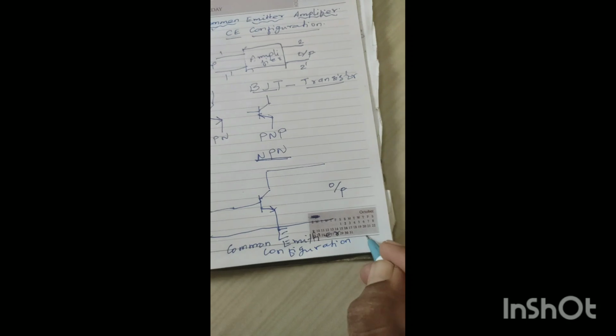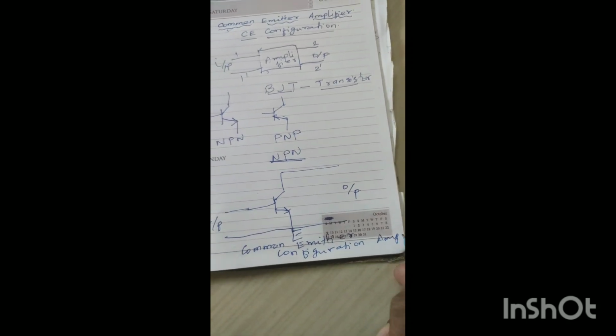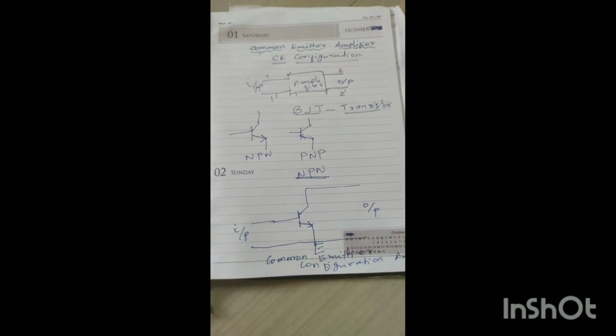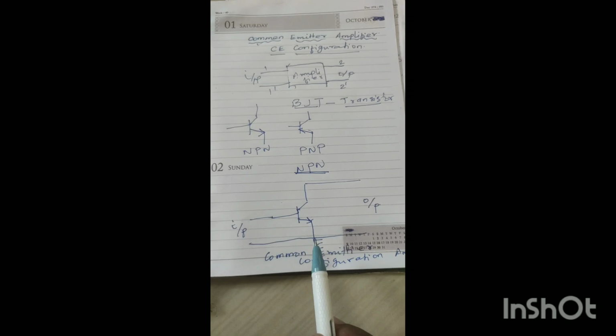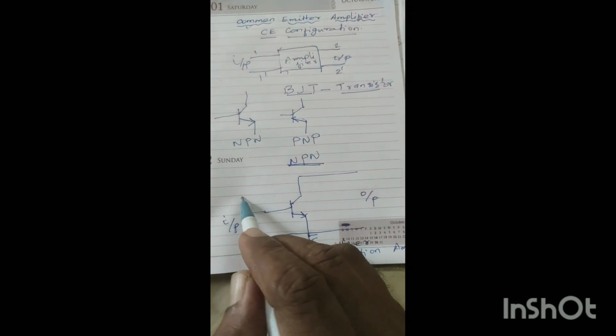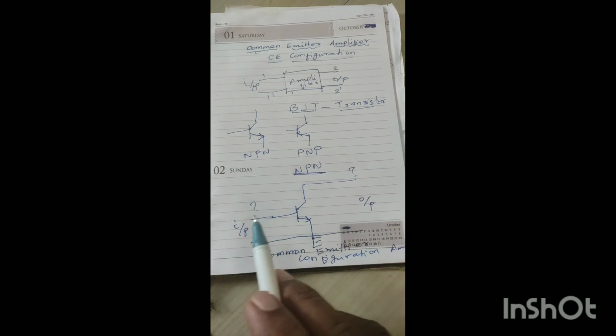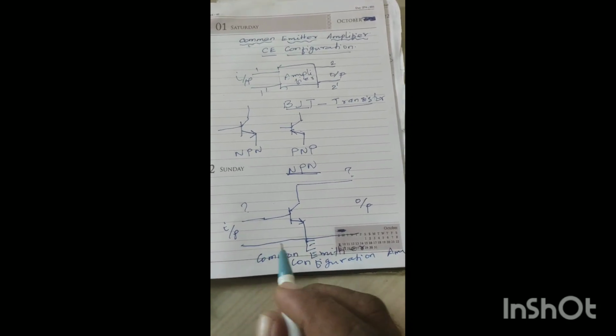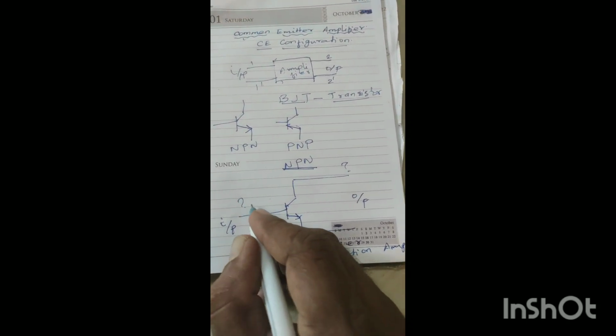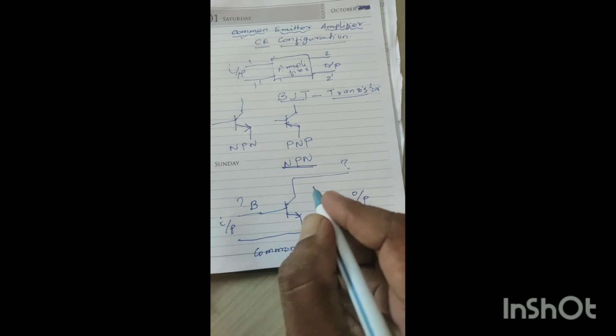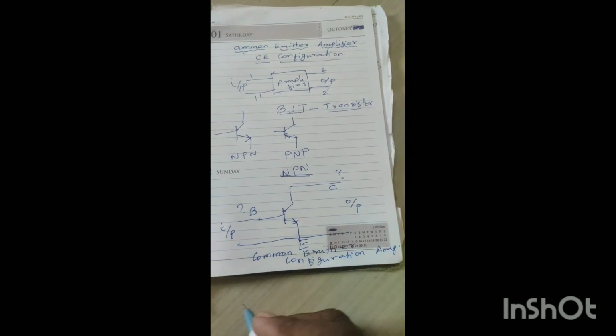Common emitter configuration amplifier. So when we are keeping emitter as common, we should know which terminal is input, which terminal is output. So in common emitter amplifier, base terminal is input, collector terminal is output.